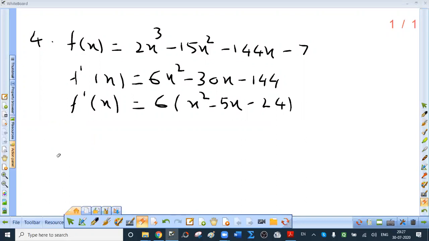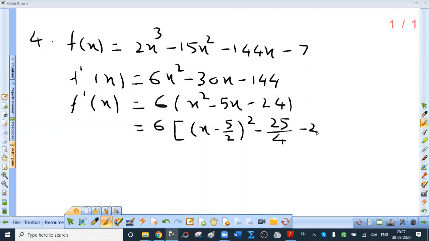So how can I simplify this? I write this as 6 into, see, this can be a perfect square of what? x minus 5 upon 2. Why upon 2? Because when you square, it is 2 times the product. Now check this. This is x square present, minus 5x present, plus 25 by 4, which is not there. So you have to subtract, so minus 25 by 4, minus 24 as it is.